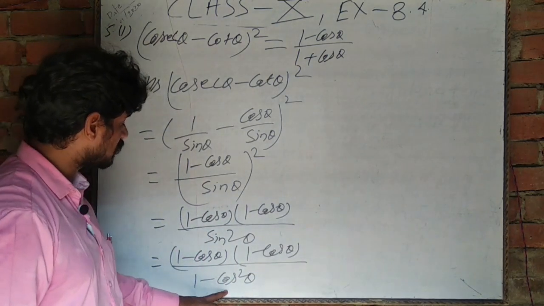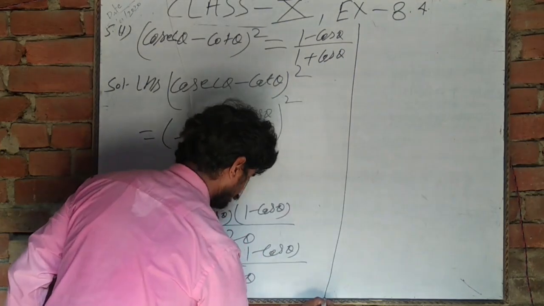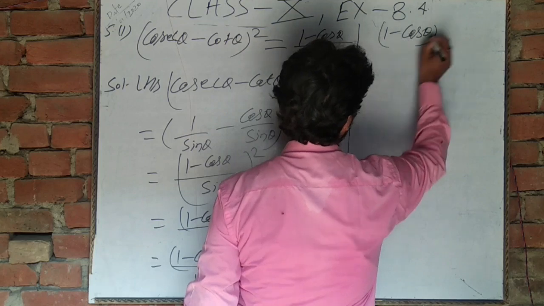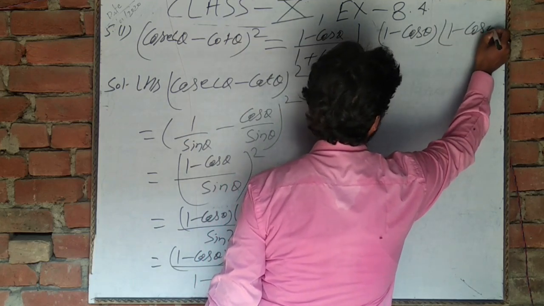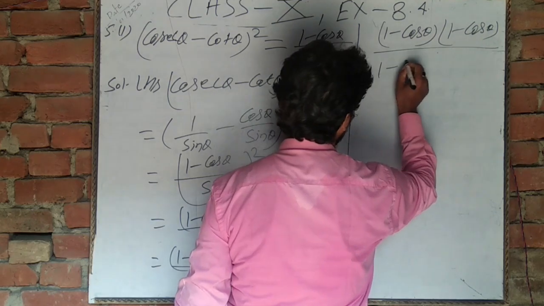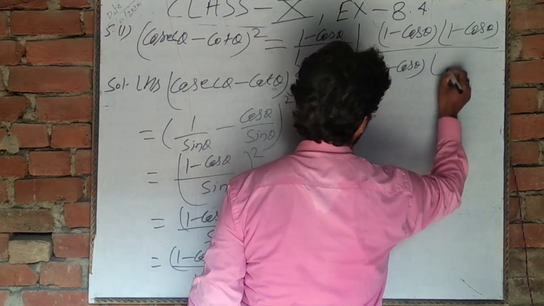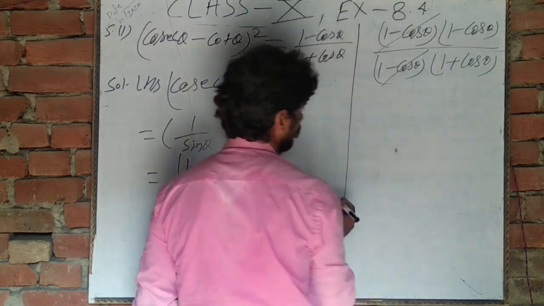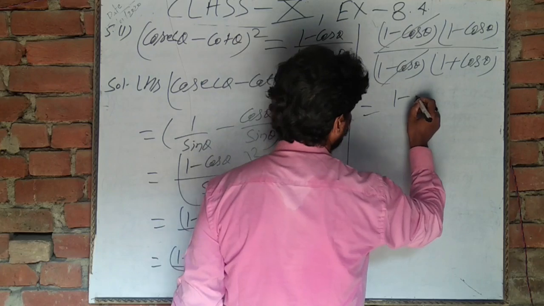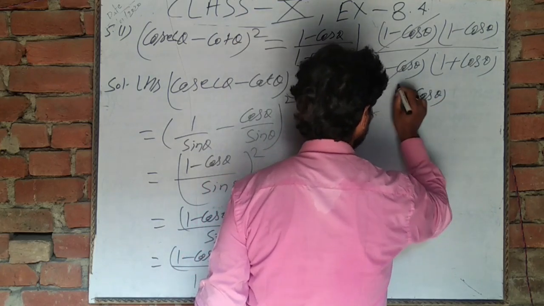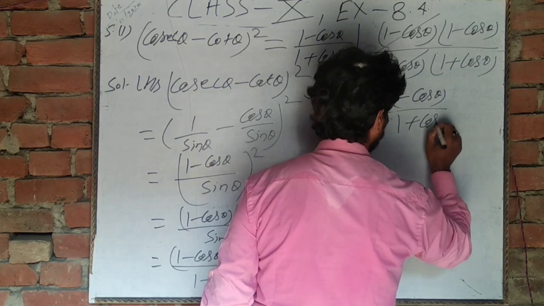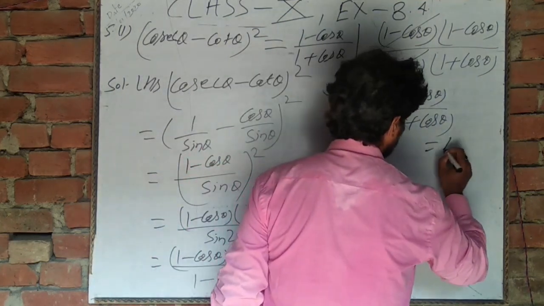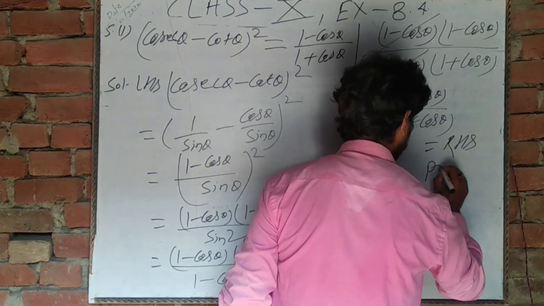Here a square minus b square. So again we will write 1 minus cos theta into 1 minus cos theta by 1 minus cos theta into 1 plus cos theta. 1 minus cos theta, 1 minus cos theta cancel. Our result will be 1 minus cos theta by 1 plus cos theta. We have gotten RHS. RHS proved.